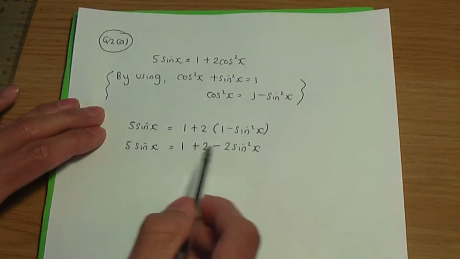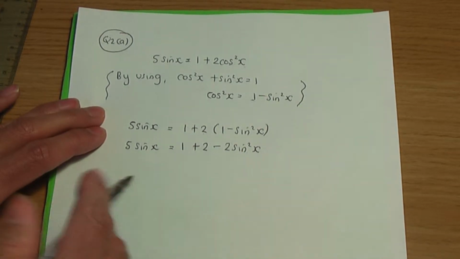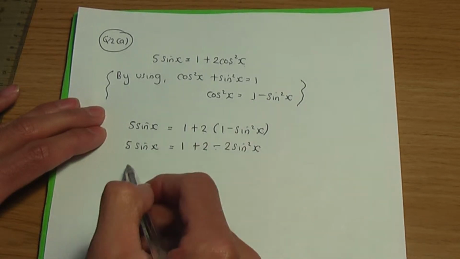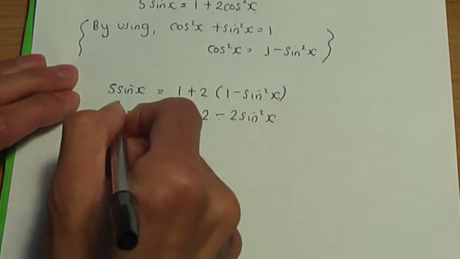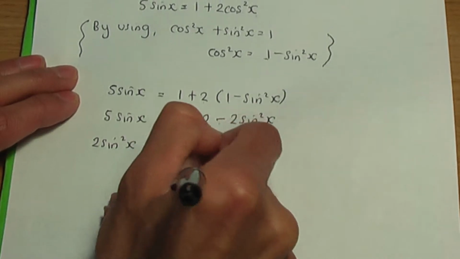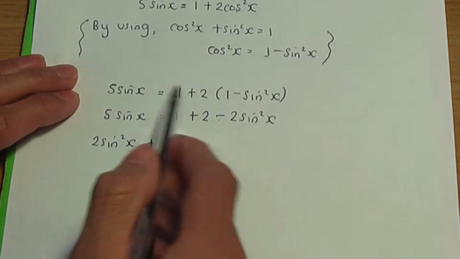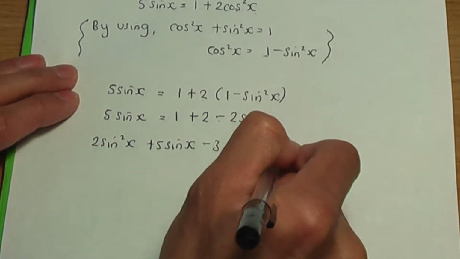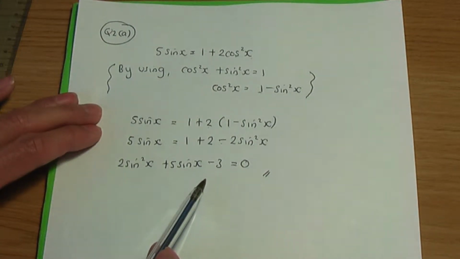Now if I bring these three terms on the right hand side to the left hand side, we're going to have, so the minus 2 sine squared x to the left is plus 2 sine squared x plus the 5 sine x. 1 plus 2 is 3, but if we move that plus 3 to the left also, we'll have minus 3, and that is equal to 0.